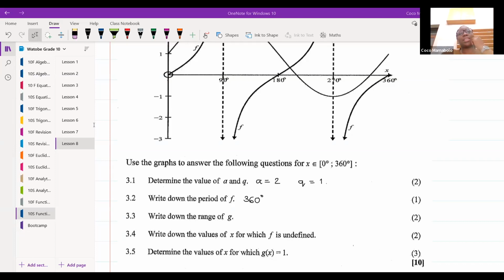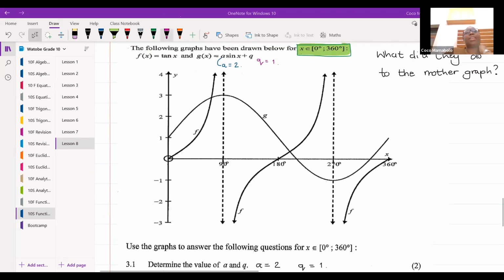Andiswa says, can you please repeat? Yes. Do you see how they've drawn my tan graph here and here? My tan graph is between 0 and which 2 points? Good, it's between 0 and 360.